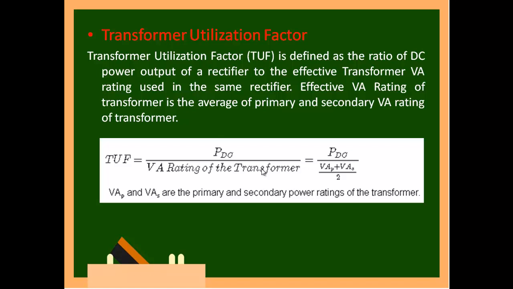See, if you are putting a transformer, you should go for maximum utilization, and that is defined as the ratio of DC power output of the rectifier to the effective transformer VA rating used in the same rectifier. The effective VA rating of the transformer is the average of primary and secondary VA rating of the transformer.